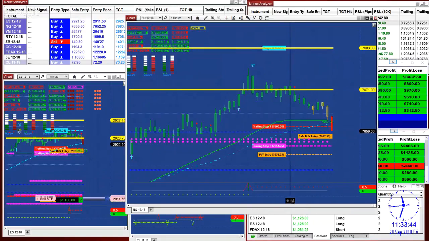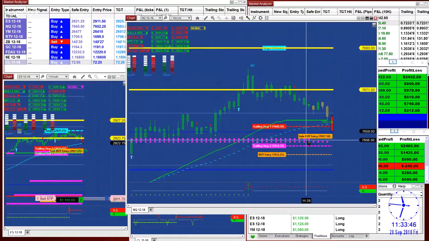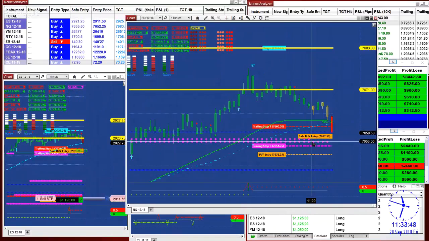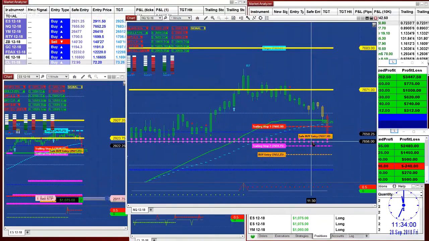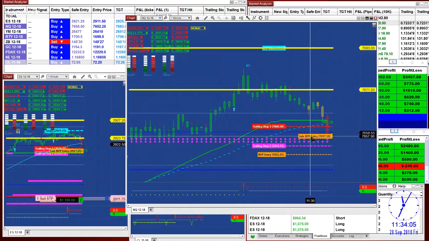Now, this is our official re-entry point. Let's see if we're going to be generating any new signals. This is our re-entry point, the buy safe entry on the NASDAQ.